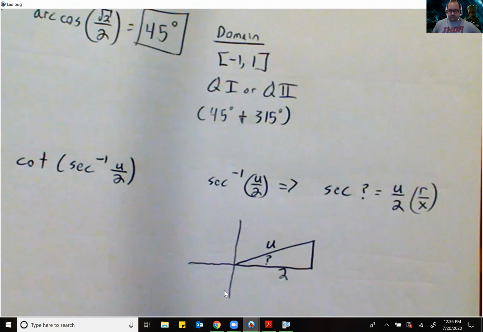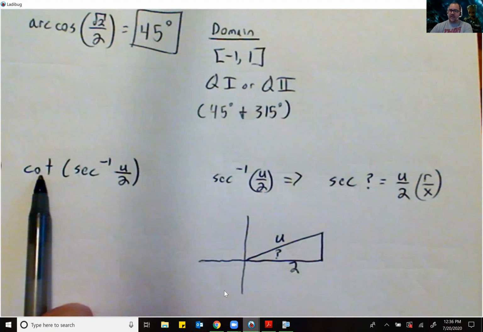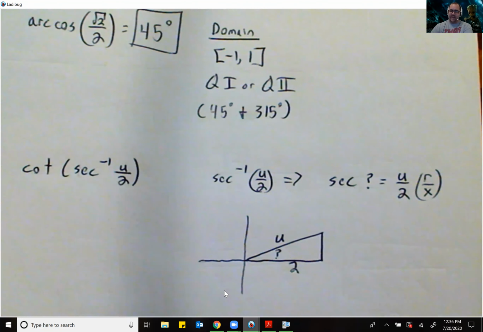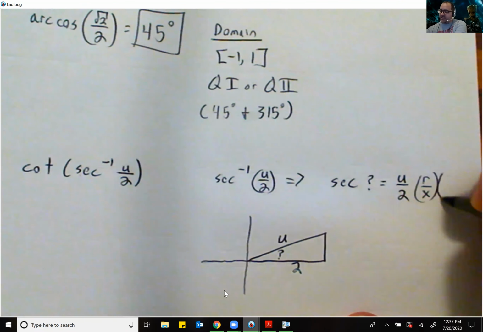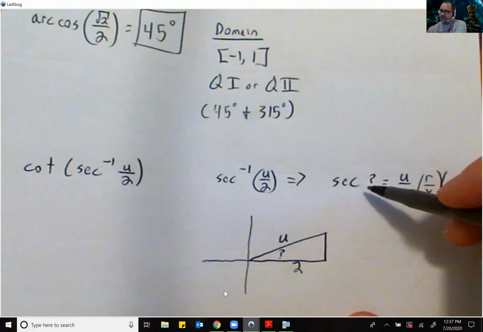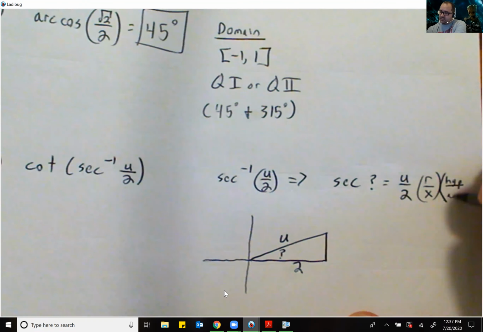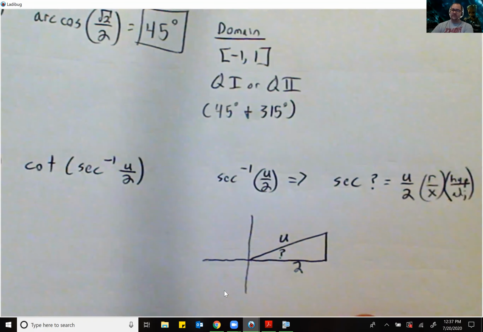Okay? We want to figure out what is cotangent. So now that you have this information all down, okay? Or in other words, if we're thinking about a right triangle, secant is the reciprocal of cosine, which is adjacent over the hypotenuse. So you can also think about this as the hypotenuse over the adjacent, as another way to think about that.